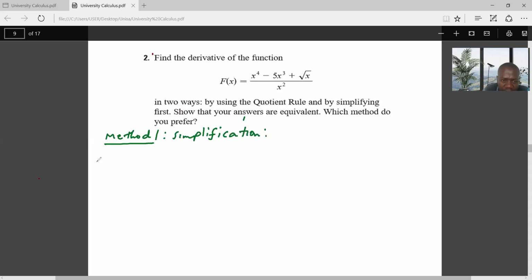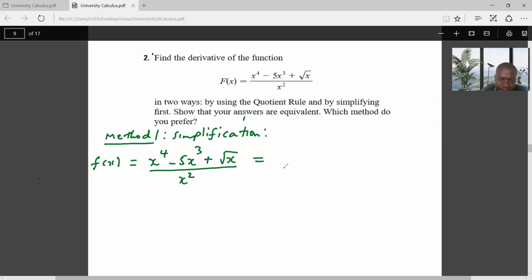Obviously, what do we have there? F of x is x to the power of 4 minus 5x cubic plus the root of x, all over x squared. So if I'm using simplification, it means we have to expand this.